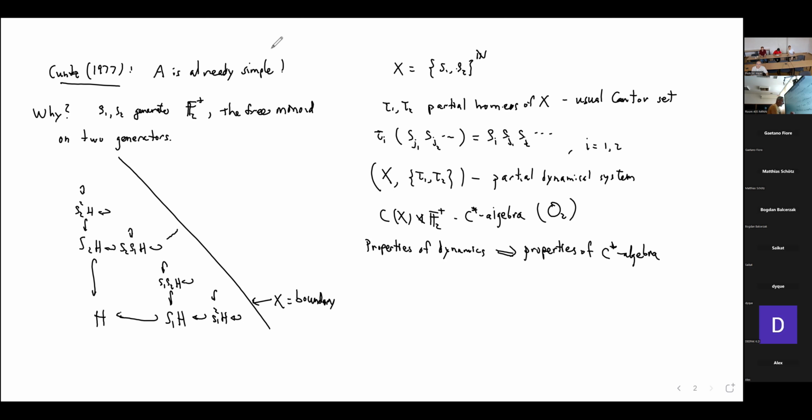So, for example, a minimal action means that orbits are dense.